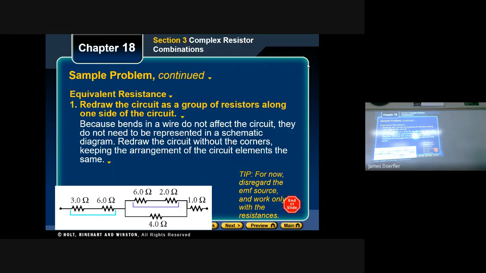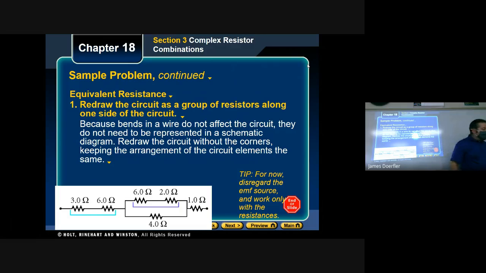Series. Very good. What about the 6 and the 2? Series. But then look at these two. How are they wired? Parallel. Then you have this lonesome little one over here, so we're going to leave that one to last.